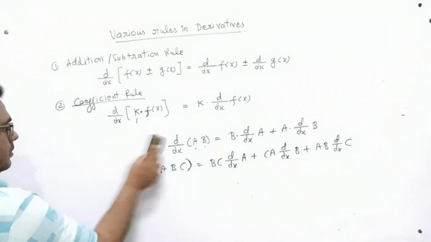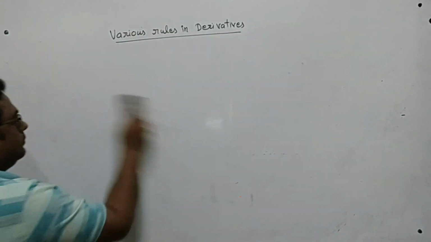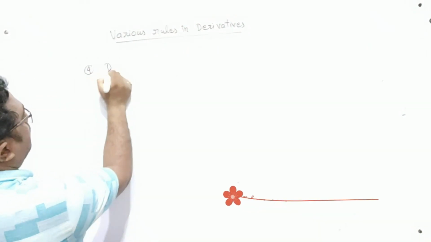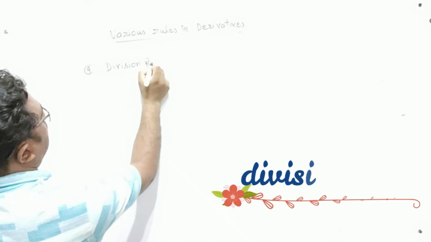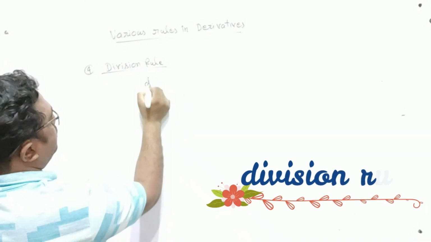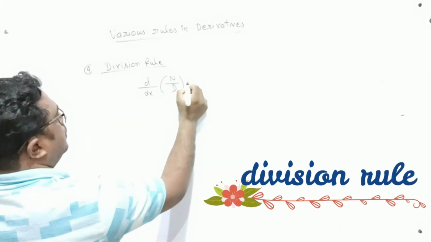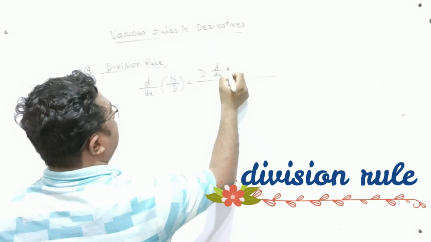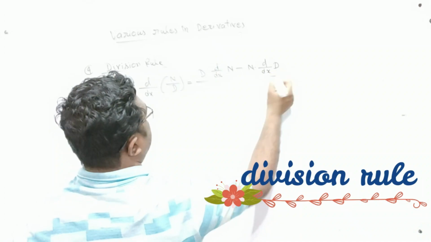Next, number 4, division rule. dy/dx of n upon d is equal to d into dy/dx of n minus n into dy/dx of d, upon d square.